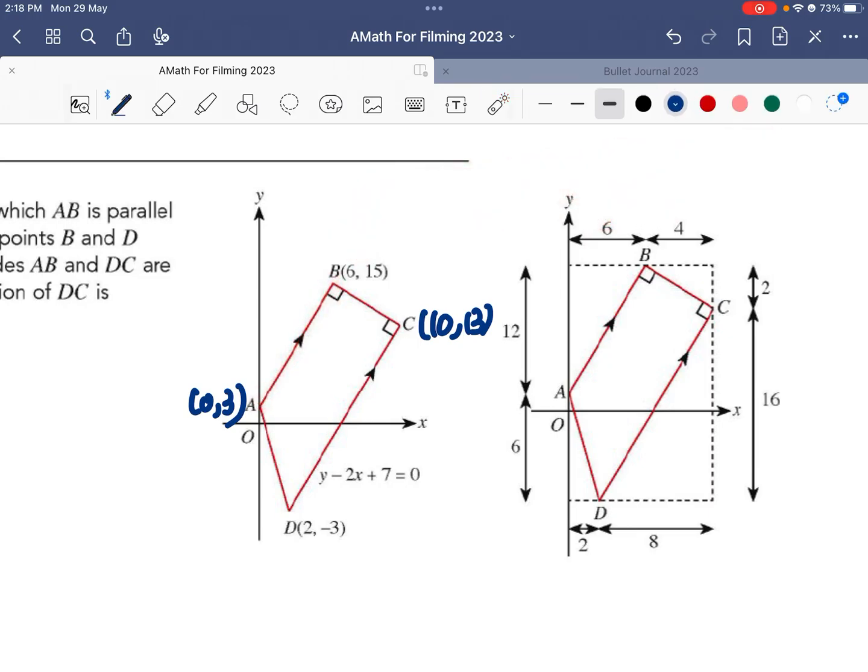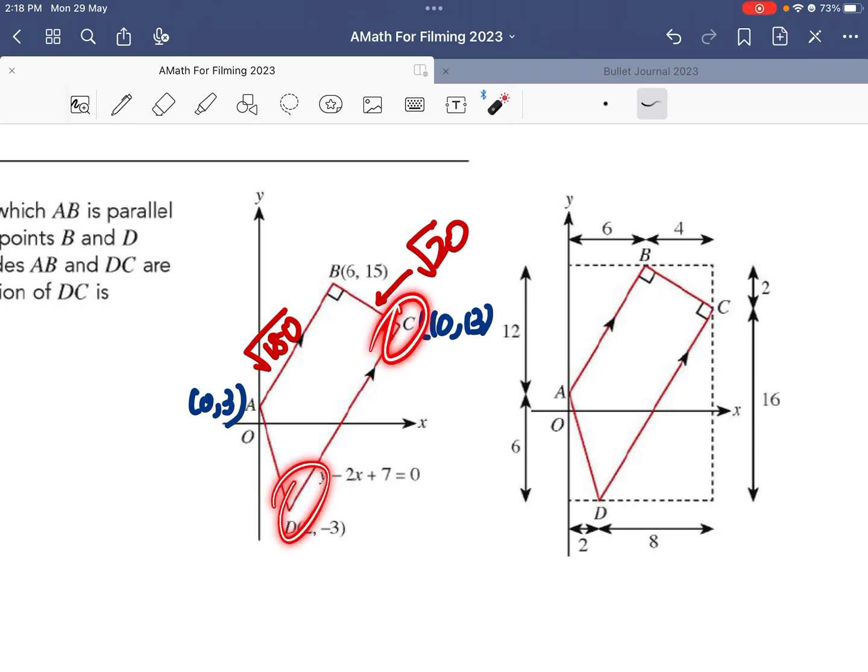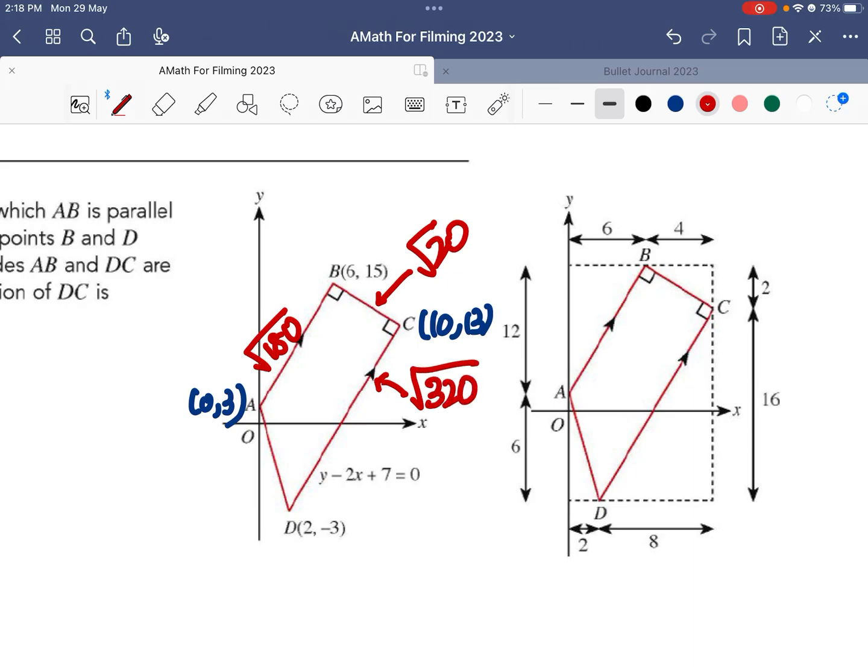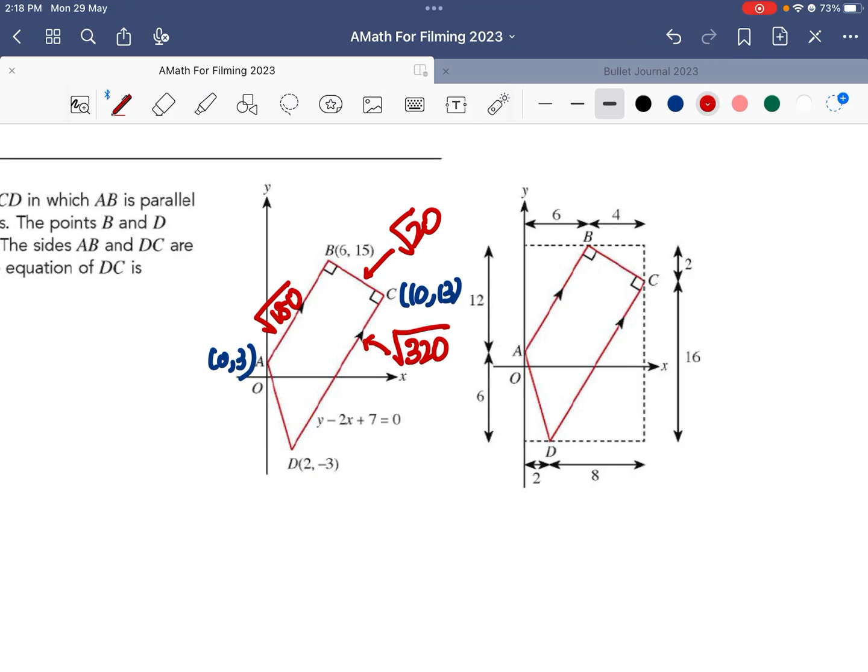I imagine that I've done that, and I will find that the length of AB is square root of 180 units. Similarly, I can apply the formula to B and C, and I find that the length of BC is square root of 20 units. And for C and D, this line is root of 320 units.